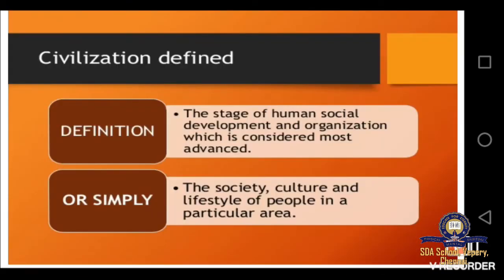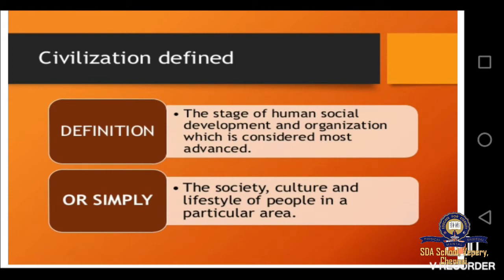First, you might be wondering, what is civilization? Civilization is the stage of human social development and organization which is considered most advanced. It is the society, culture, and lifestyle of people in a particular area.